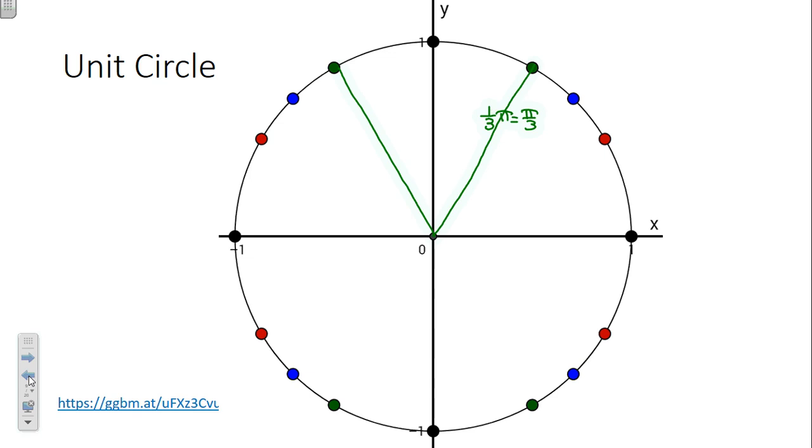The next one is 2/3 of pi, or 2 pi over 3. And the third one is 3 pi over 3, which is pi. Write that one in black.